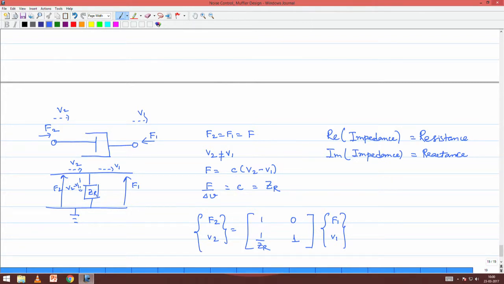C in small alphabets denotes the damping coefficient, capital C denotes the compliance. We were able to derive that the analogous electric circuit is also a parallel element of impedance ZR, which is related to the damping coefficient, and the transfer matrix was obtained in this fashion.